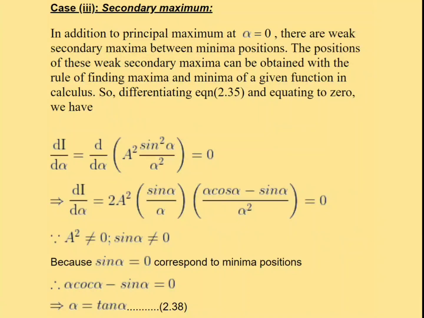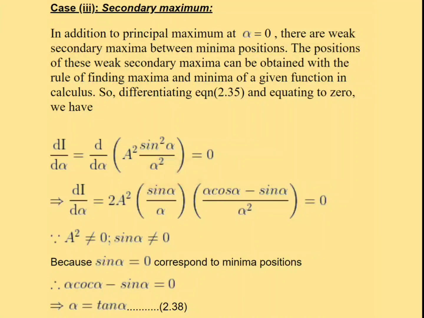Next case, secondary maxima. In addition to the principal maxima at alpha equal to 0, there are weak secondary maxima between the minima positions. The positions of secondary maxima are obtained by differentiating the intensity. So the intensity I formula is A square sin square alpha by alpha square.